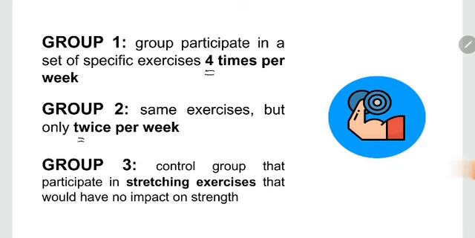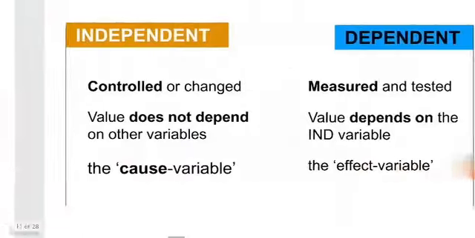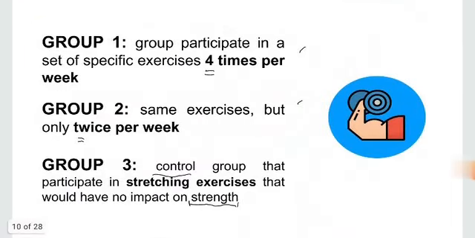Group 3, tinawag mo itong control group kasi hindi sila kakaroon ng exercise na pampalakas. Kasi diba, you wanted to know the impact of exercise on the strength of the person. So ang gagawin nila, stretching. Siguro yoga. Tapos yung group 1 and 2, push-up, halimbawa. So if you will notice here, meron kang specific cause and effect relationship na nangyayari, di ba?